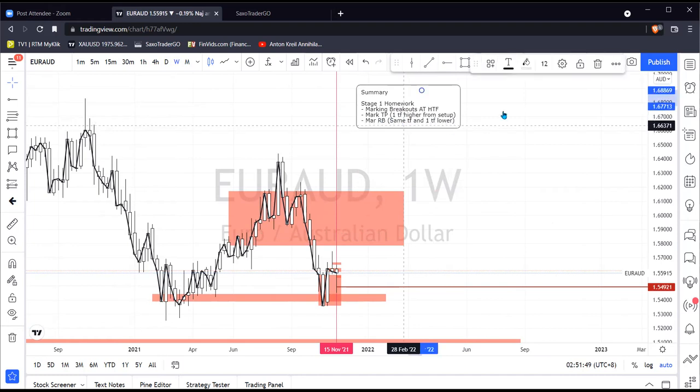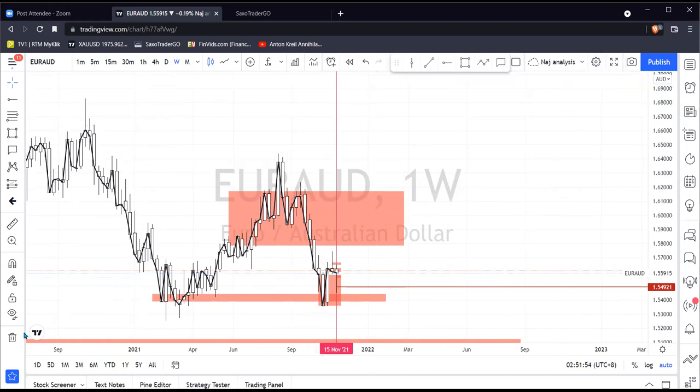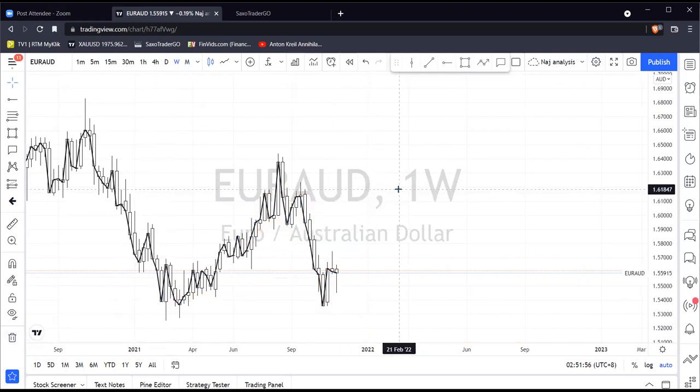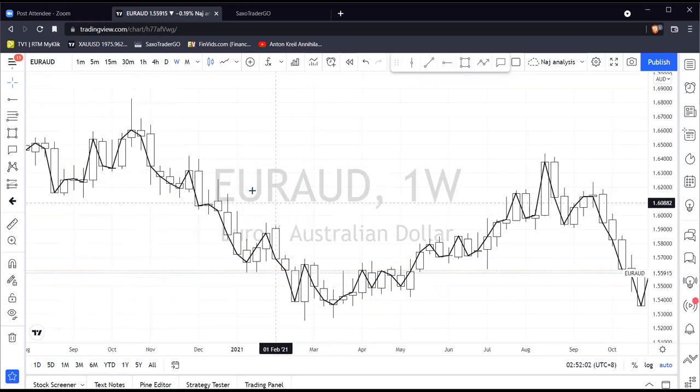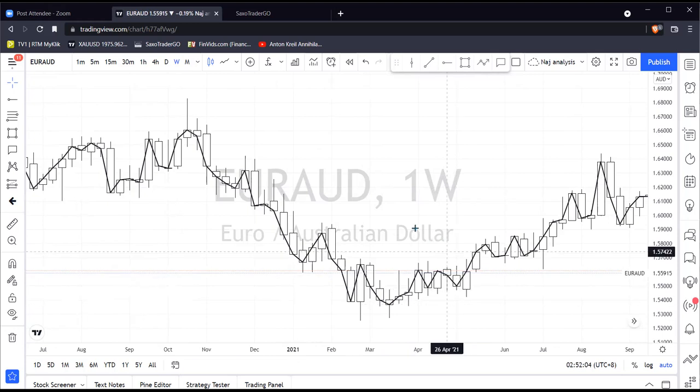It's okay. Already sent to the group. I'll go ahead and clear this. If possible, try to use TradingView. It's a lot easier. If you guys are comfortable with MT4, then go ahead. But TradingView is a lot easier if you ask me. You can just favorite this as your common tool.